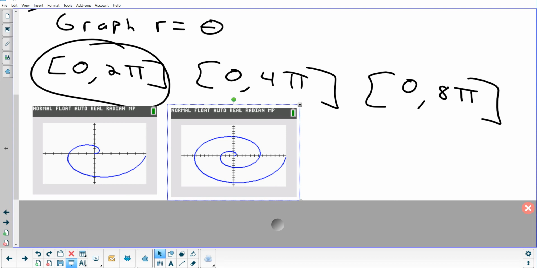And if you did 0 to 8 pi, you would get double the revolutions we just got here. You get 4 revolutions. But again, you got to keep zooming out so you can see the whole spiral. Any question on how you do 0 to 8 pi?